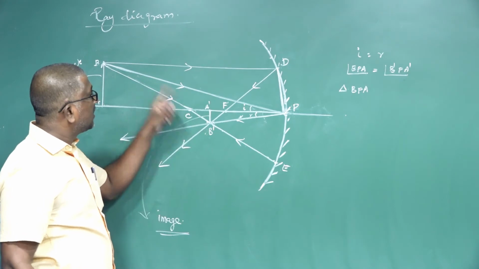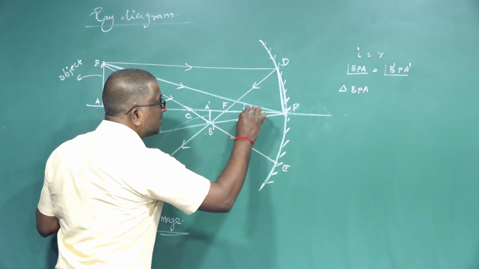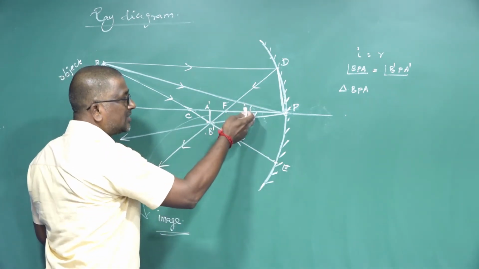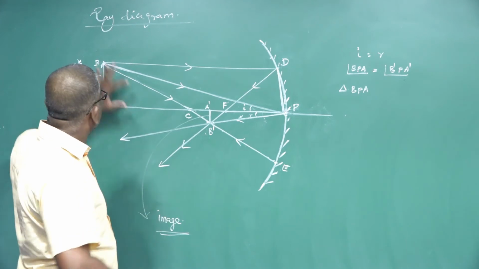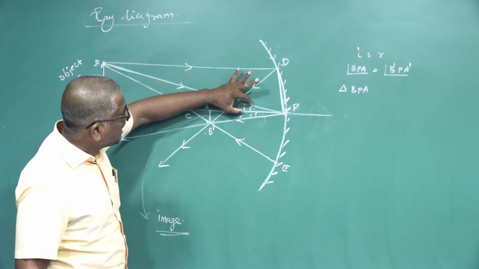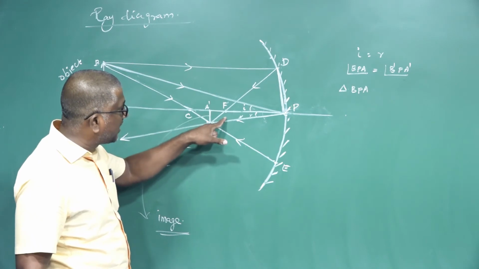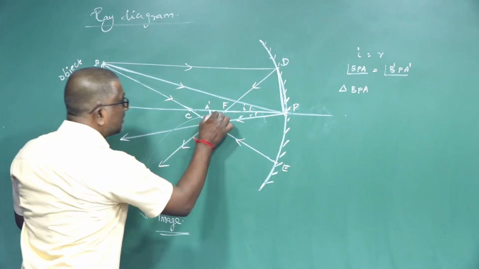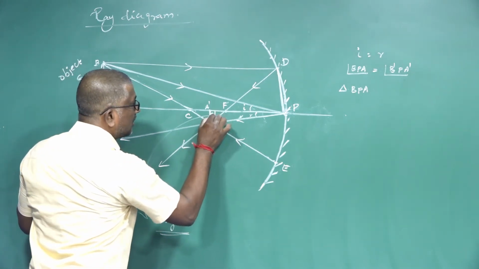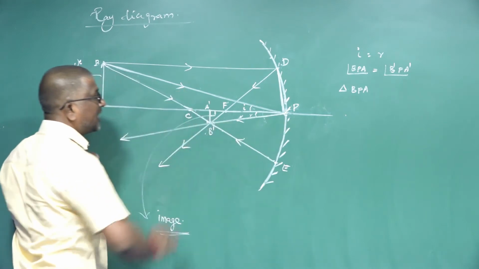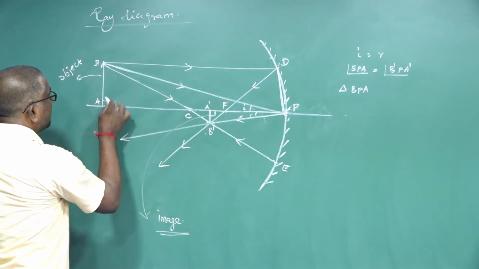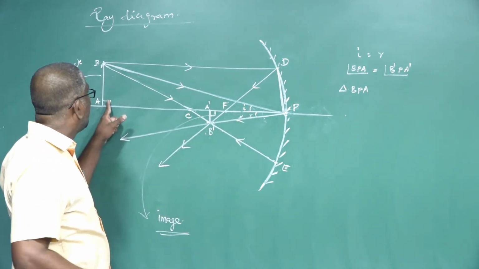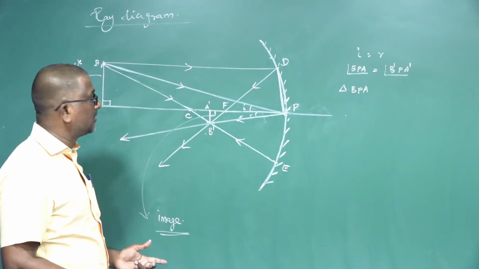Here this is the angle of incidence and this is the angle of reflection. According to the laws of reflection, the angle of incidence is equal to the angle of reflection. So in this triangle angle I and in this triangle angle R, these two are equal. And this is 90 degrees in this right angle triangle and this is 90 degrees in the other triangle. So two angles are equal in these two right angle triangles.